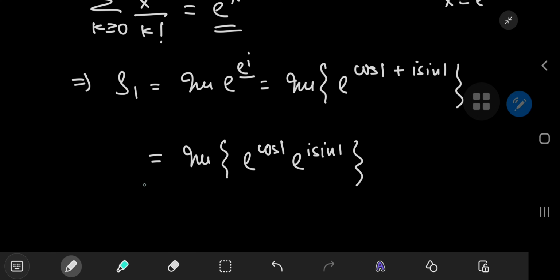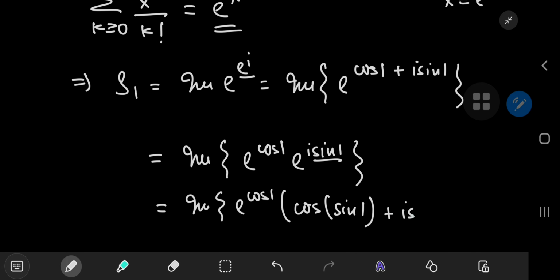And one more application of Euler's formula gives us the imaginary part of e to the cosine of 1 times the cosine of sine of 1 plus i times the sine of 1.